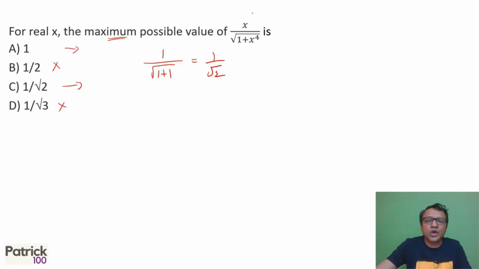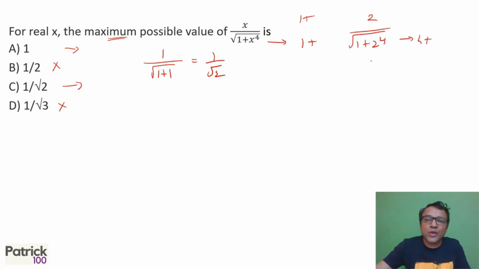1 is possible only when numerator and denominator are equal. Now put any value; the denominator is definitely more than 1, because 1 plus something squared will be more than 1 for sure. So if I put a numerator more than 1, the denominator will be big. For example, if I put 2, this becomes root of 1 plus 2 raised to 4, which is quite a high value, more than 4. The denominator will become more than 4.